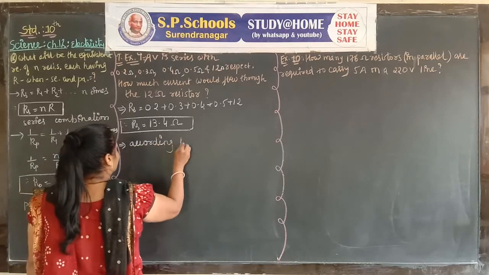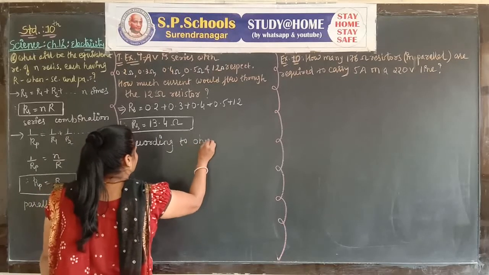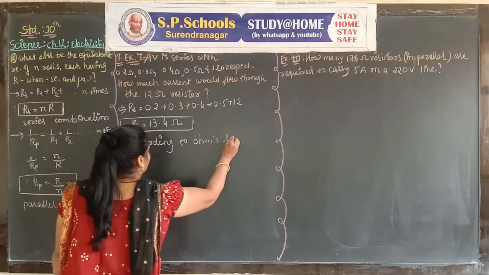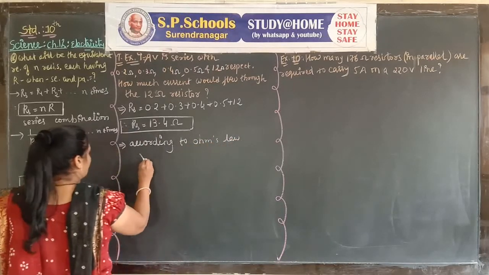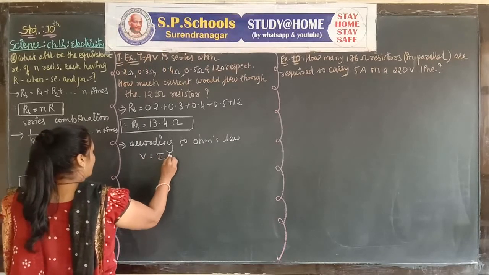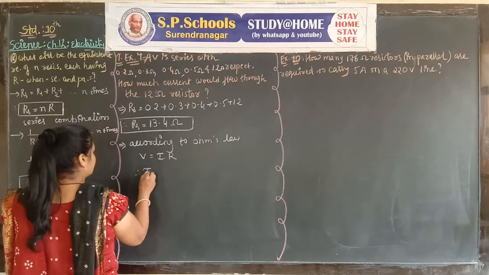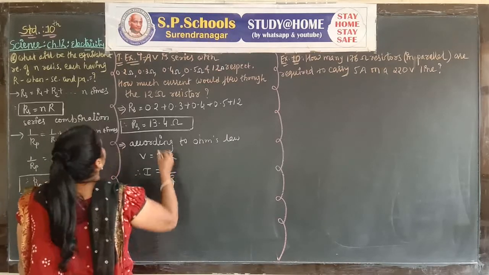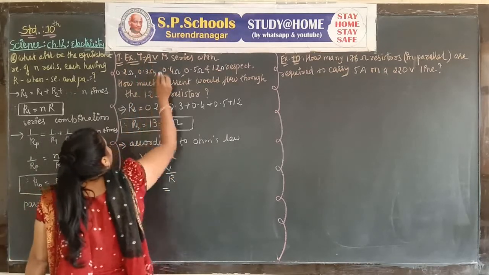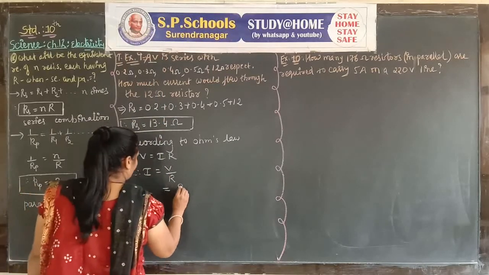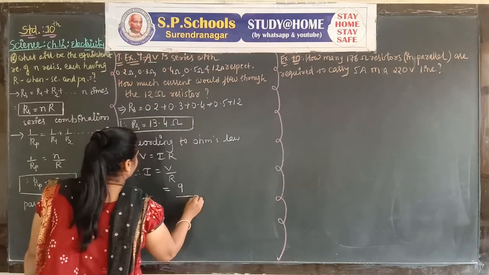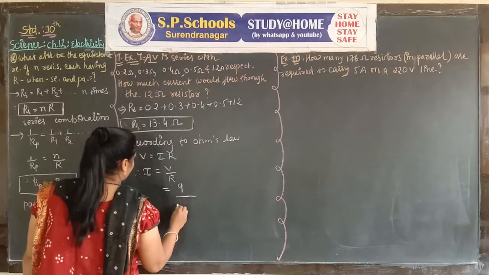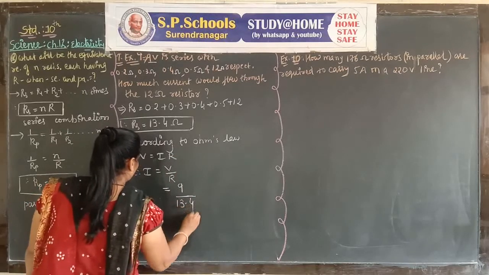According to Ohm's law, V is equal to IR, so we make I the subject: I is equal to V upon R. Given 9 volt and R is 13.4.